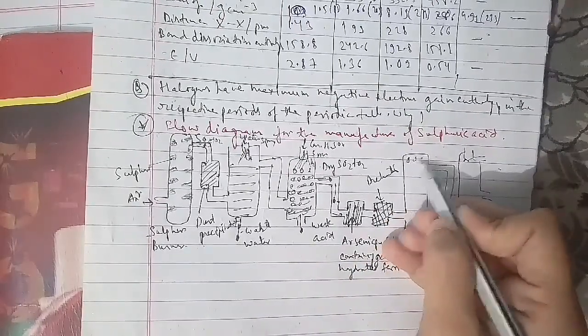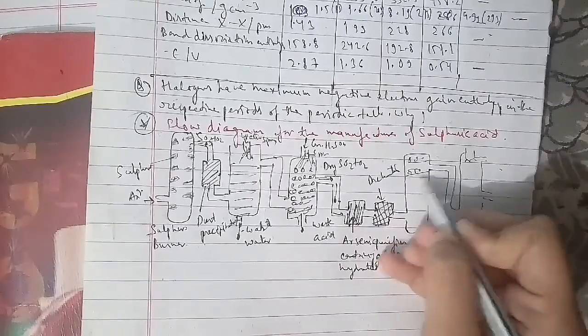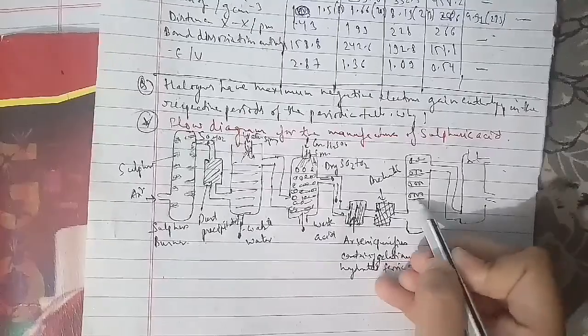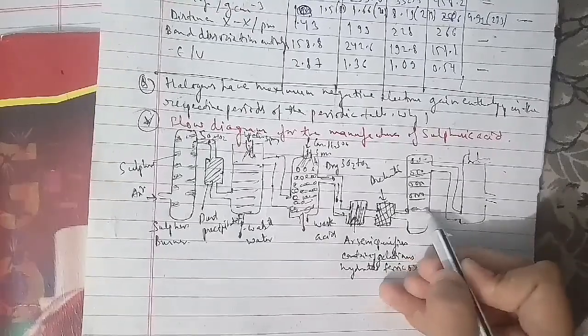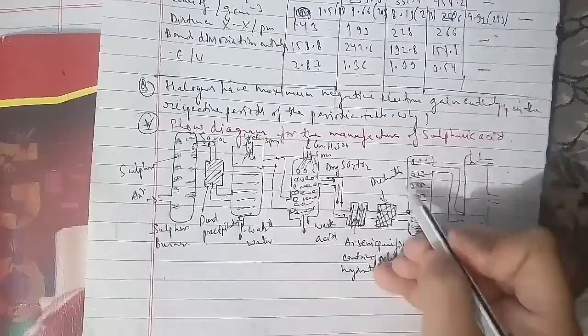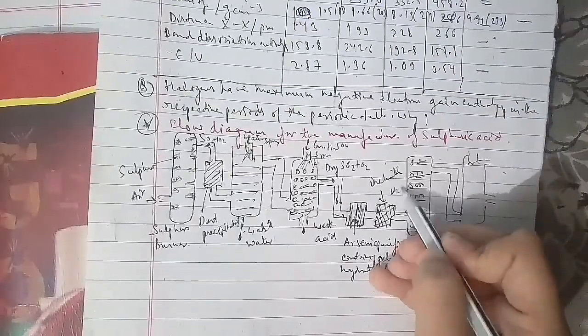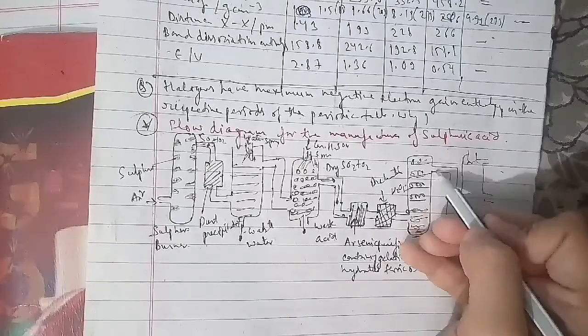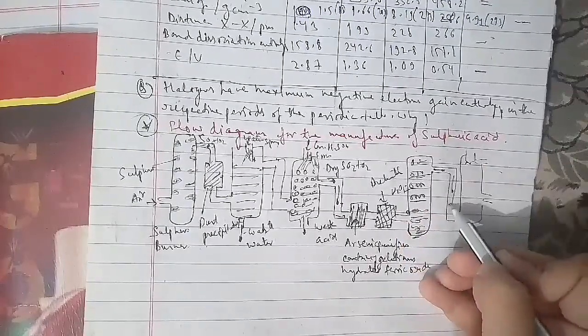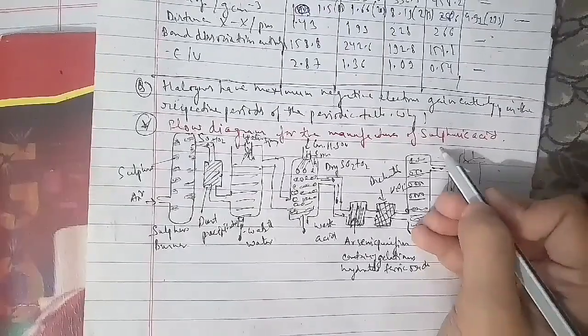This is your V2O5. Here it is coming from here, that is, this is your SO2, and from here the same that we have. So this is being inserted. This is your concentrated H2SO4, which is to be as follows here.